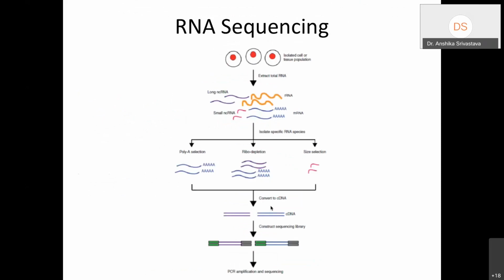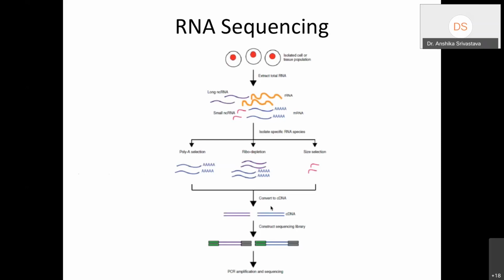So here you extract the RNA from the cell of interest or the tissue of interest, and once you have the RNA, in that RNA you have long non-coding RNA, small non-coding RNA, ribosomal RNA, poly-A RNA. Then based on what type of RNA sequencing you want to perform, you define whether you're going for poly-A selection.